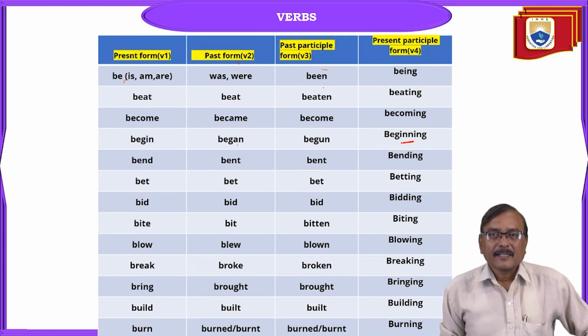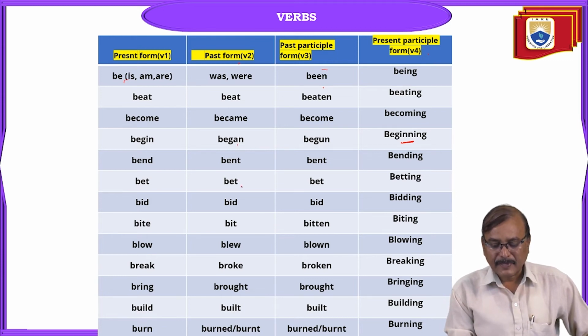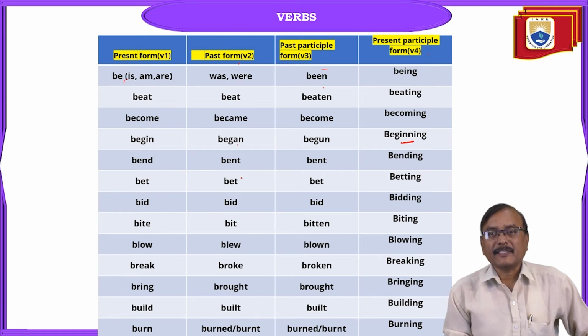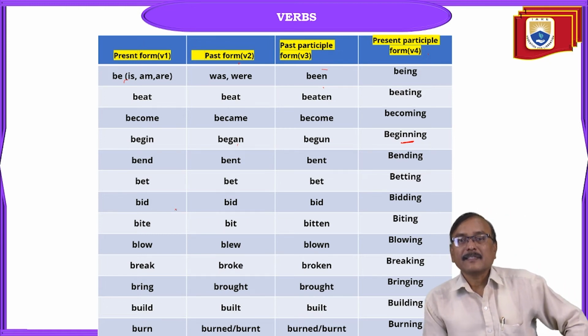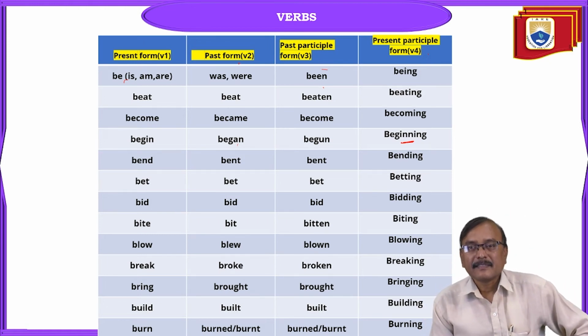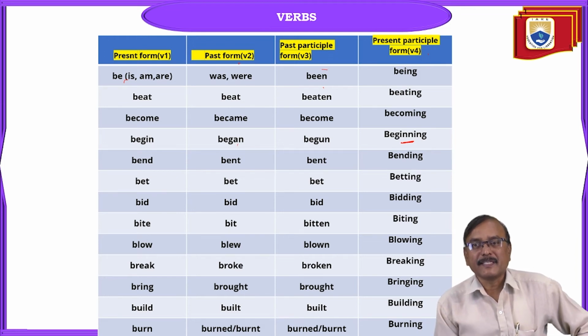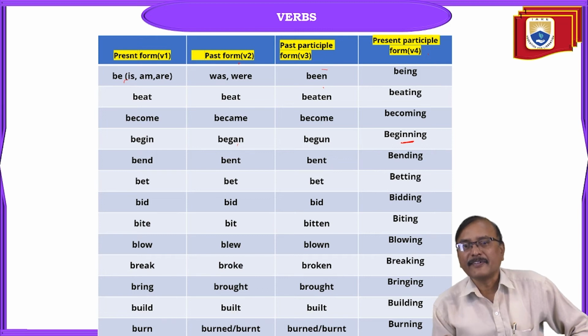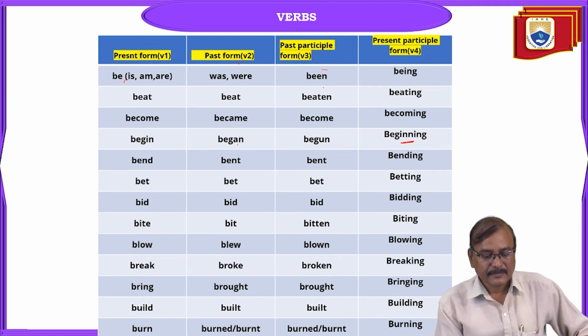And some verbs have the same form. Bet, bet, bet, in V1, V2, V3, the same form. Bid, bid, bid. Is it clear? Another one is bid, bid, bidden. Another verb is there like that, so the meaning will differ. Bite, bit, bitten.